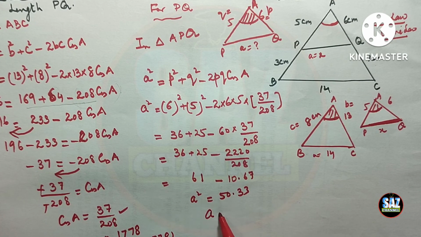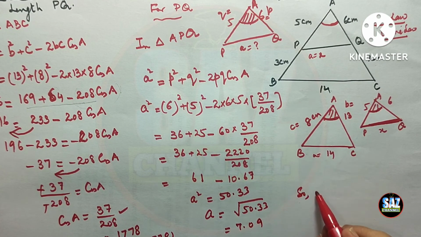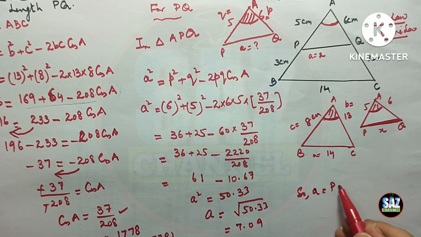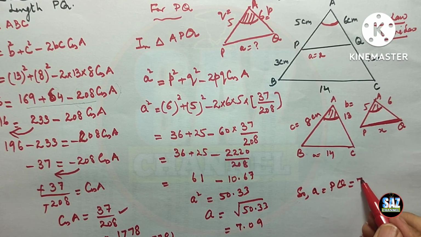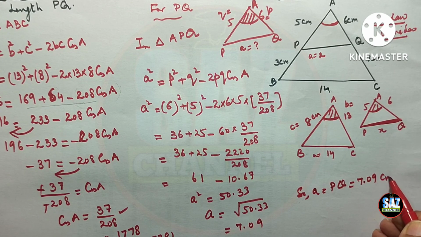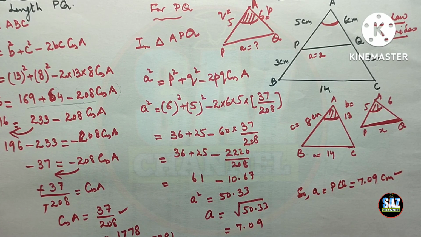In order to get the value of the length, I have to take the square root of this, which is 7.09. So a actually is PQ, which is 7.09 centimeters.